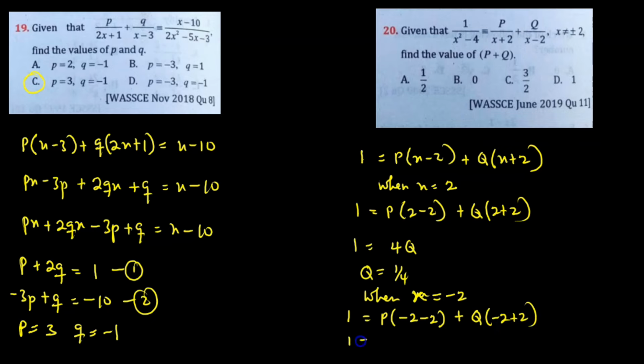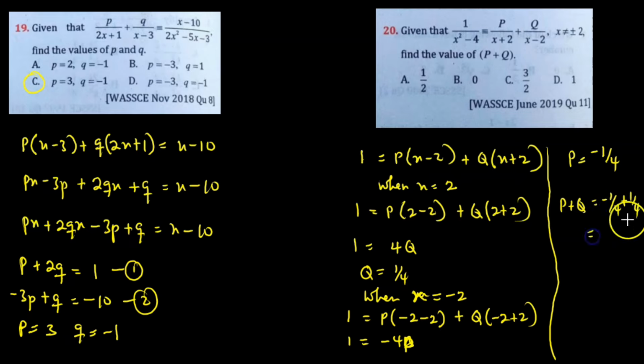Remember, I'll be getting 1 equal to -4P, and I'll be having 0 at Q. So in other words, let me draw a line here to continue. I'll be having P value as -1 on 4. But remember, the question says find P plus Q. So P value is -1 on 4, Q value is 1 on 4. So in other words, we are having 0. So the possible answer is B. The possible answer is B.